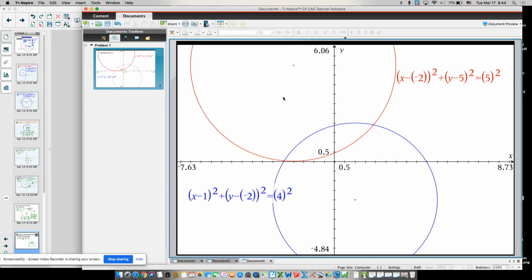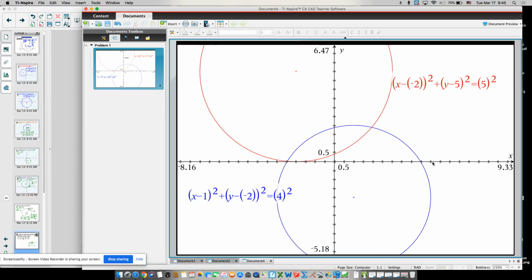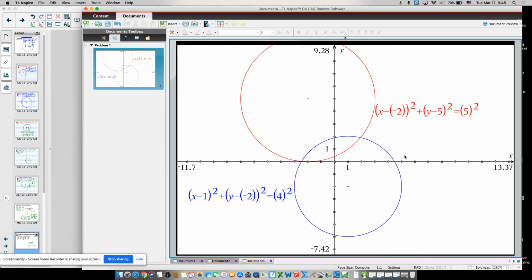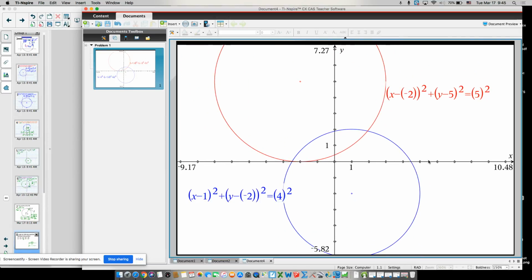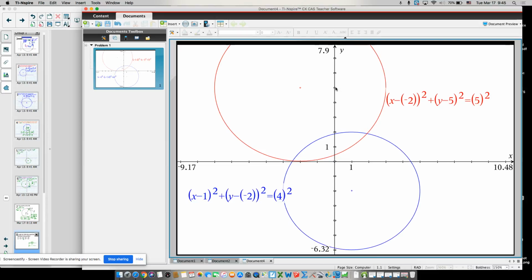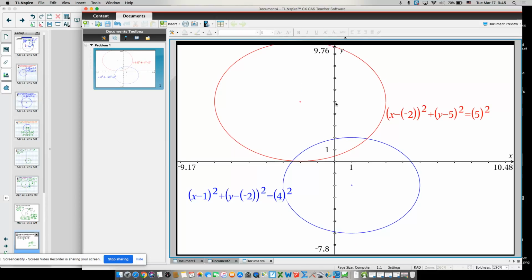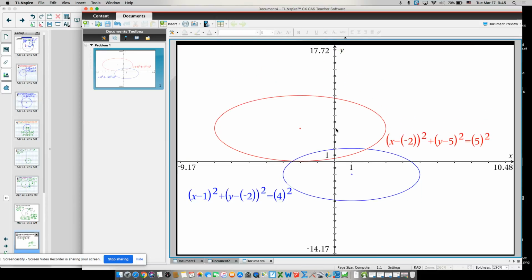One thing about the circles and the TI-Nspire, let's say I just wanted to change one axis. When I grabbed this axis before, it moved both axes at the same time. Let's say I wanted to move one axis. Well, if I hold the shift key down, and then grab one of the axes and move it, you'll see that only one of the axes changes and the other one stays the same.